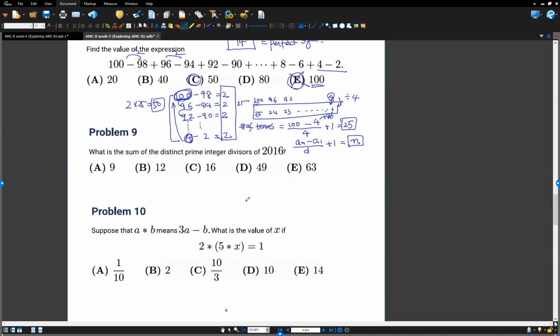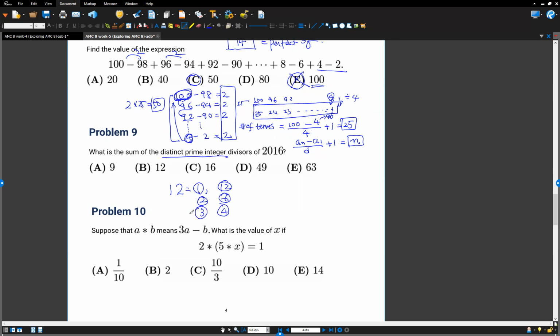What is the sum of the distinct prime integer divisors? Wow, what is this? What does that mean? This is the sum of prime integer divisors, not every factor. For 12, you know the factors are what? 1, 12, 2, 6, 3, 4, right? These are the factors, but they are not all prime.